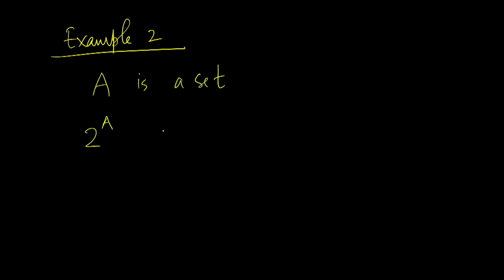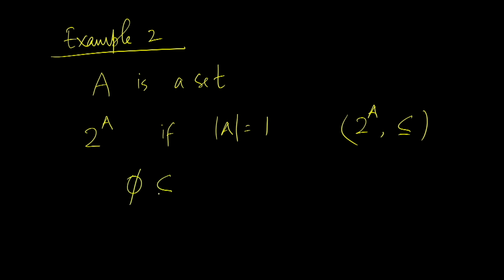Another example, suppose A is a set. Consider the power set of A. If mod A equal to 1, then the power set of A with the subset or equal to relation is a totally ordering relation, because there are only two subsets here.